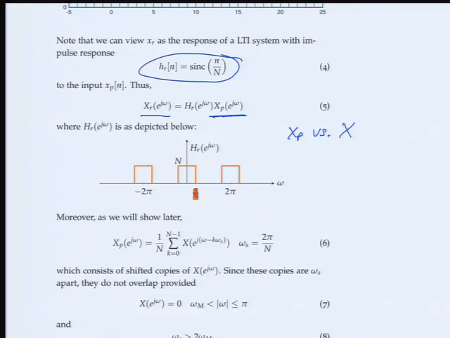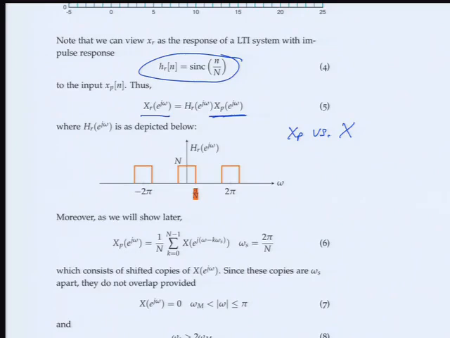And the answer is, it depends. If you did not sample fast, the question is, going from x to x_p, did x remain intact? Or did it get aliased? To remain intact, you have to make sure that the copies were separated well apart, that there was no overlap.